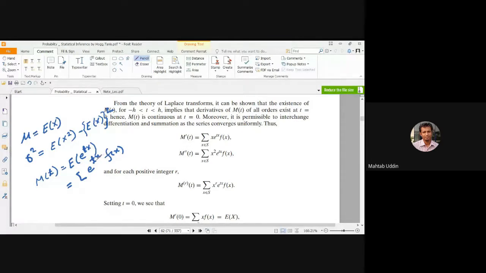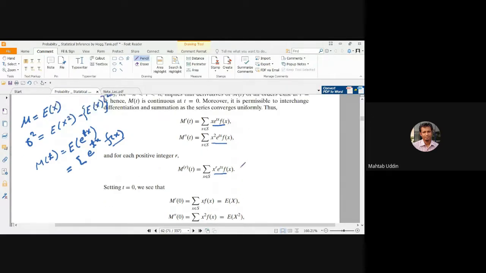Since we are differentiating with respect to t, f(x) is constant, and x is also constant, so x will appear here like this. If we differentiate the second time, there will be x square e to the tx f(x). So if we differentiate r times, it will be x to the r e to the tx f(x).